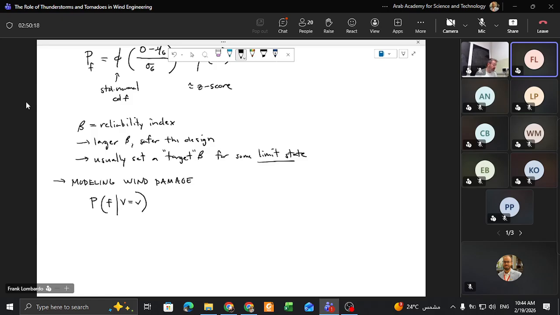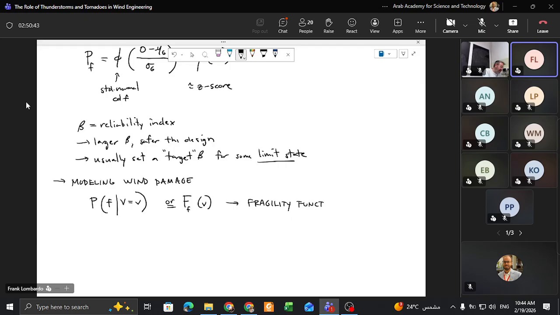You can do it different ways too. You might see it written as capital F, with lowercase f for failure, as a function of some wind speed. This is generally what's called a fragility function.